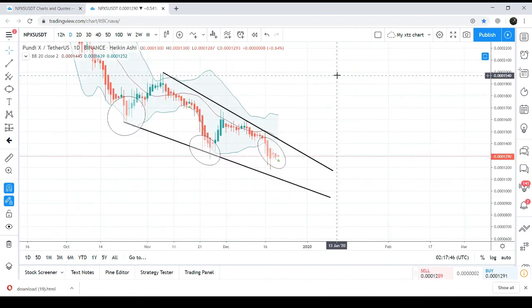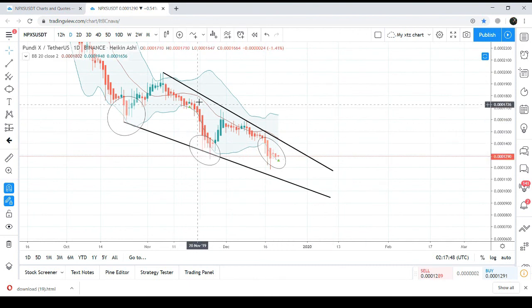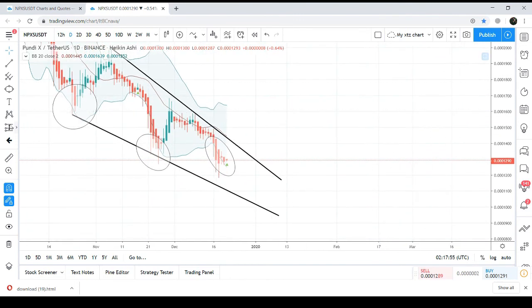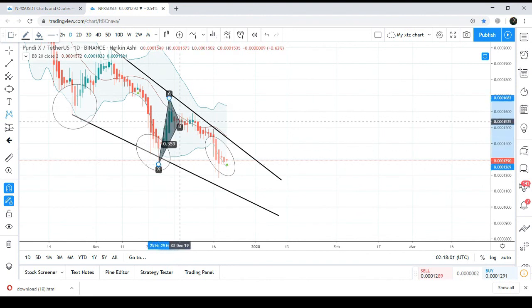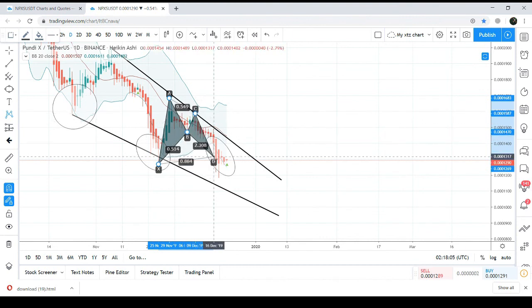But if we see one more thing inside this wedge, that is the formation of a harmonic pattern, and this could be a bullish crab pattern. Okay, there can be two possibilities.